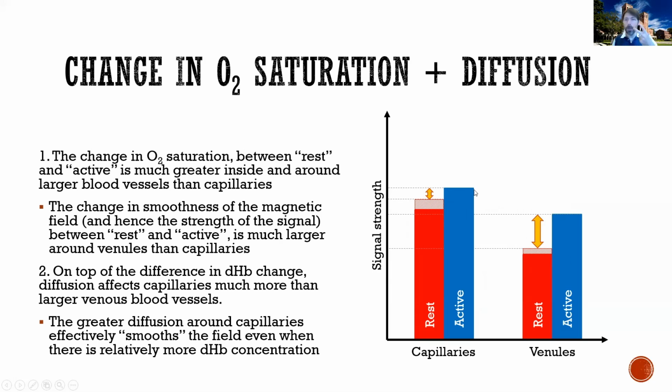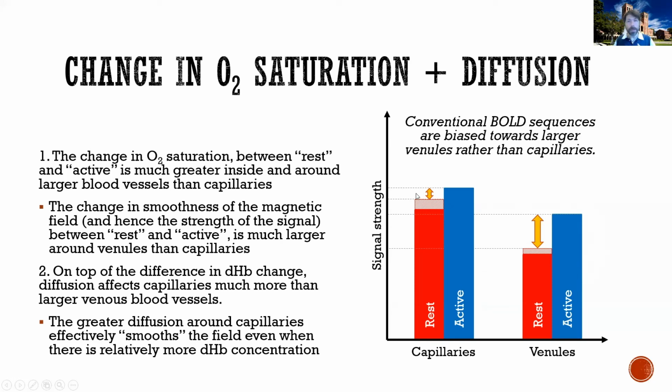So now there are two mechanisms by which the change between when nothing particular is happening and when a part of the brain suddenly bursts with neural activity is so much larger and more noticeable around venules than around capillaries.